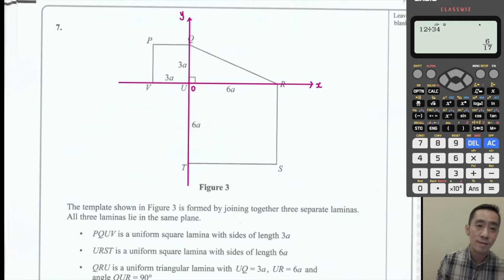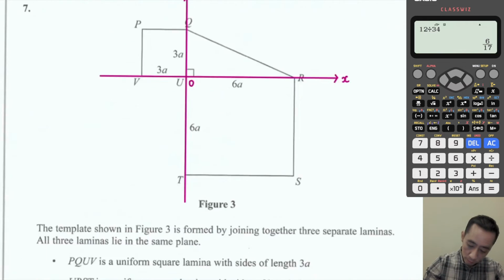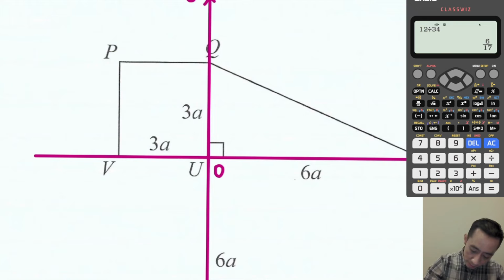Where is the center of mass of each of these shapes? For this one, it will be at the center because it's uniform. So 3A, 3A, which means the center here is negative 1.5A, 1.5A.